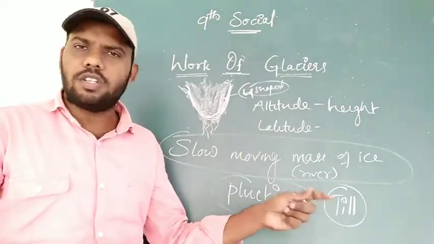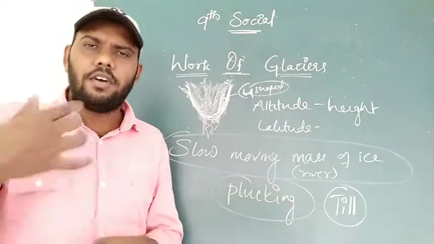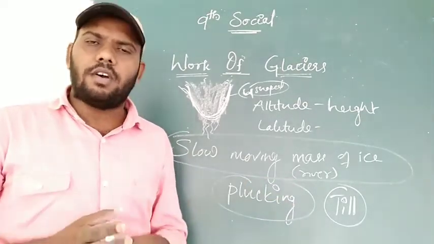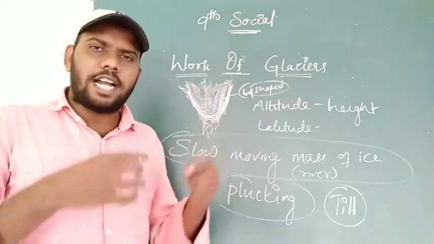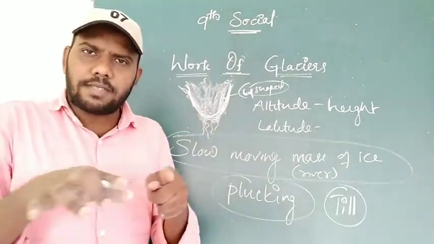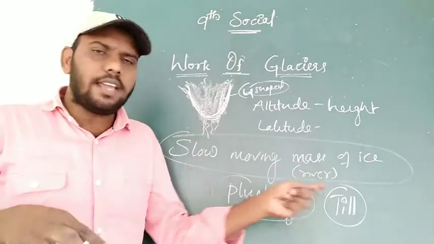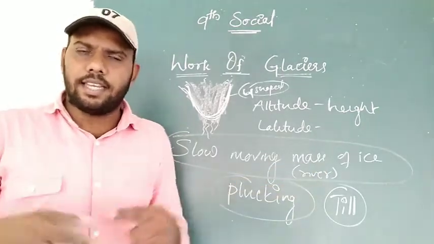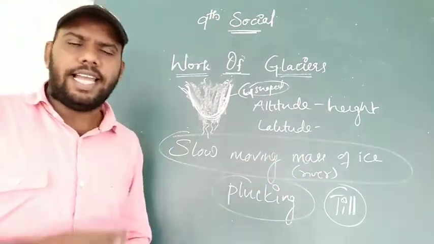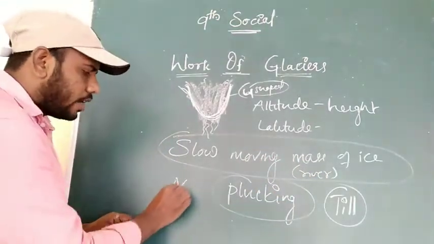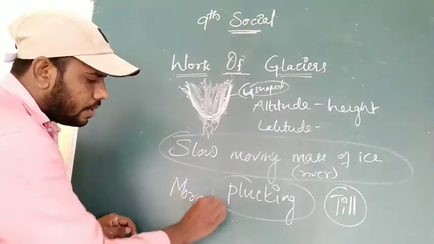This till also cannot be brought to far places by the glacier because the load is heavy. So when it starts to melt, it becomes water and leaves this till here and there, and that deposition we call moraine.